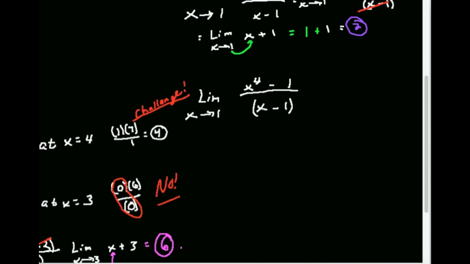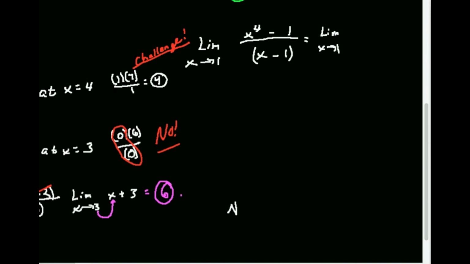All right, so for this one, instead of having an x squared minus 1 in the numerator, it's now an x to the 4th minus 1. So now I have the limit as x goes to 1 of x to the 4th minus 1 divided by the quantity x minus 1. I'm going to do the same thing here that I did before. I'm going to take the square root of this, and then the square root of this too, just like I did before.